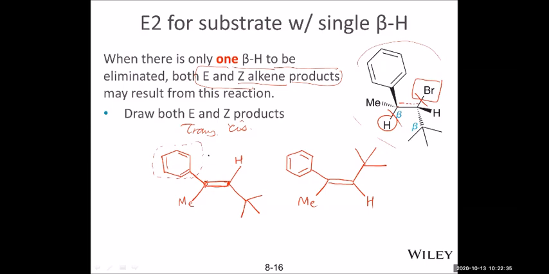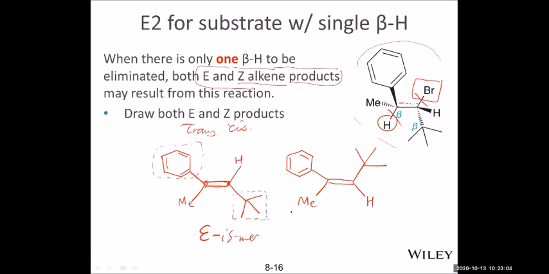So on the left-hand side, the higher rank is up. On the right hand, this is hydrogen, this is carbon, so of course this is higher in the order. You can see the high-order groups have the trans alignment relative to the double bond. Therefore, this is the E isomer.